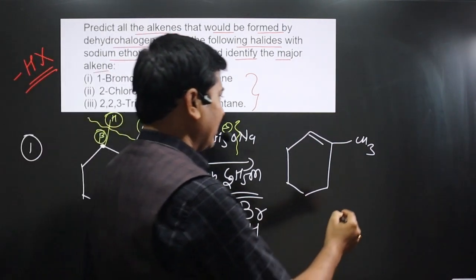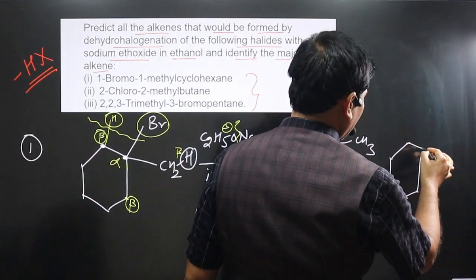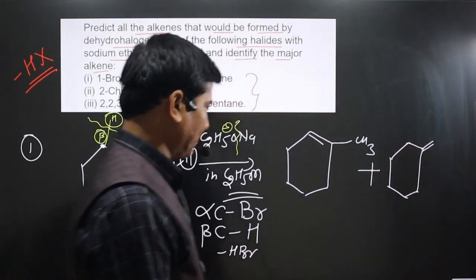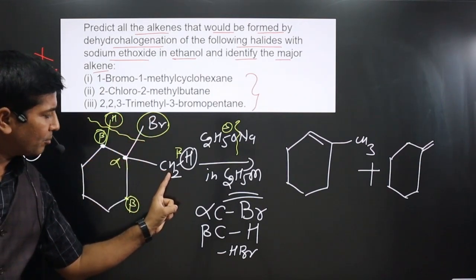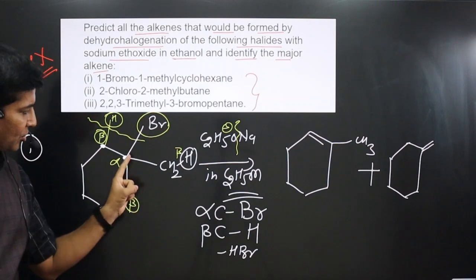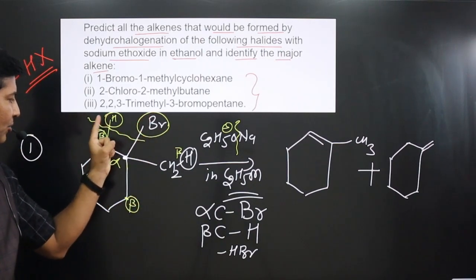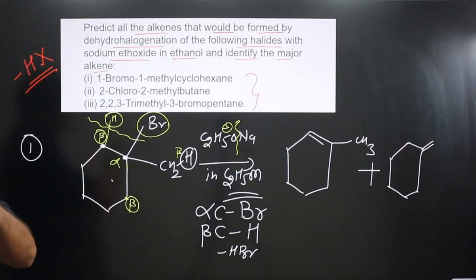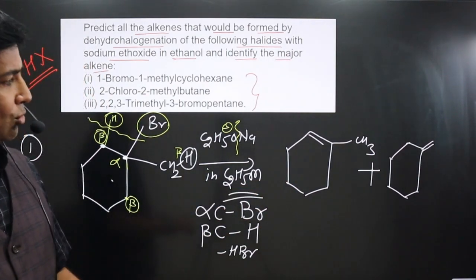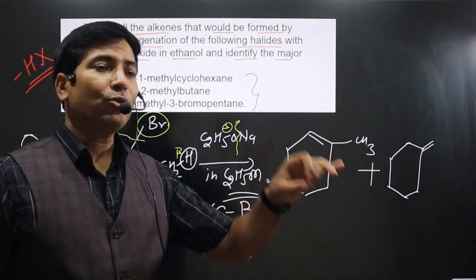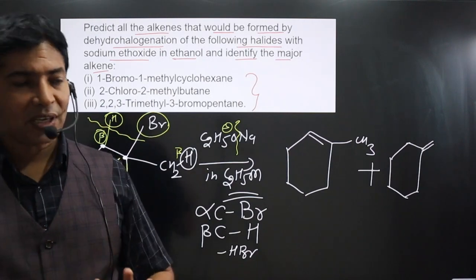So one product is this, plus another product, cyclohexane with the double bond coming out like this, with CH2 outside the ring. Alpha carbon Br and beta carbon hydrogen are removed, so the double bond comes here. We got two products. Now we have to identify which one is the major product. Both are alkenes, and to determine the stability of an alkene we use the concept of hyperconjugation.